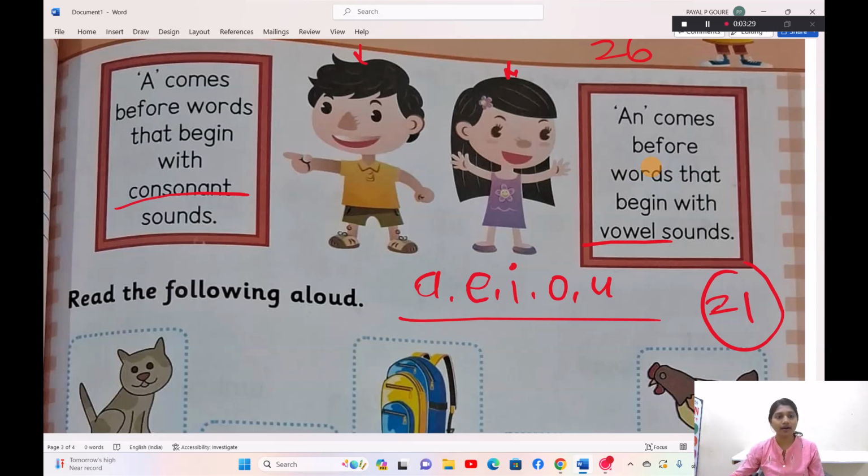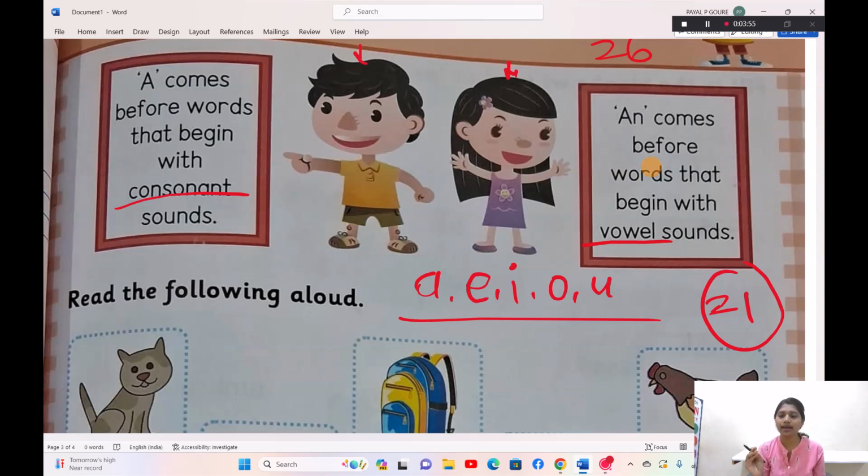Now the next part is we should know the definition of consonant and vowel. If you know the basics and the definition, you can easily answer any example, even if someone gives you an example randomly.